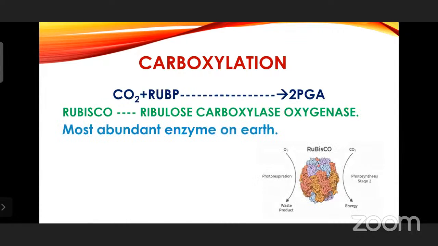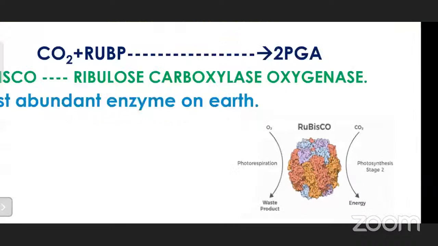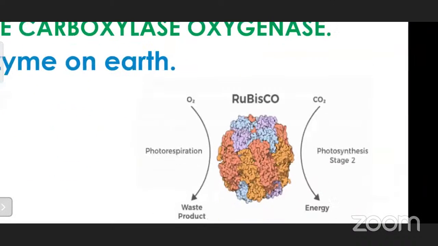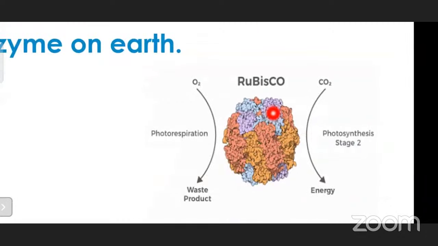You can see I have given here this image of Rubisco. The nature of Rubisco is carboxylase oxygenase. Carboxylase can be seen when it is combining with carbon dioxide in photosynthesis stage 2, that means the biosynthetic phase, and it is for energy production.